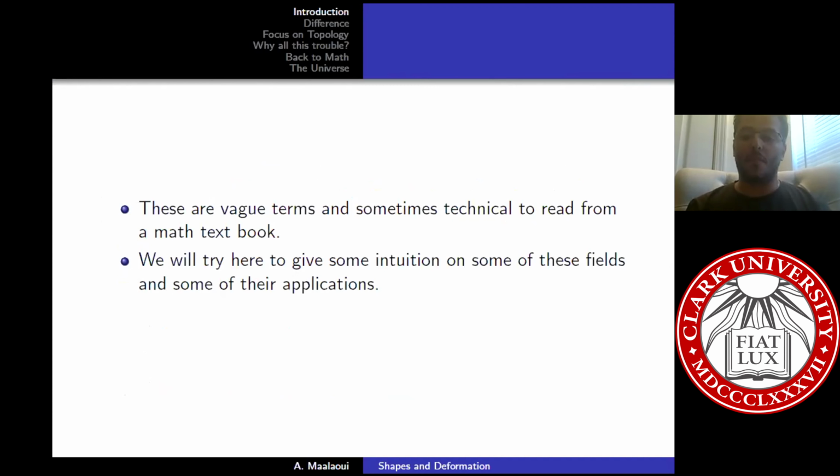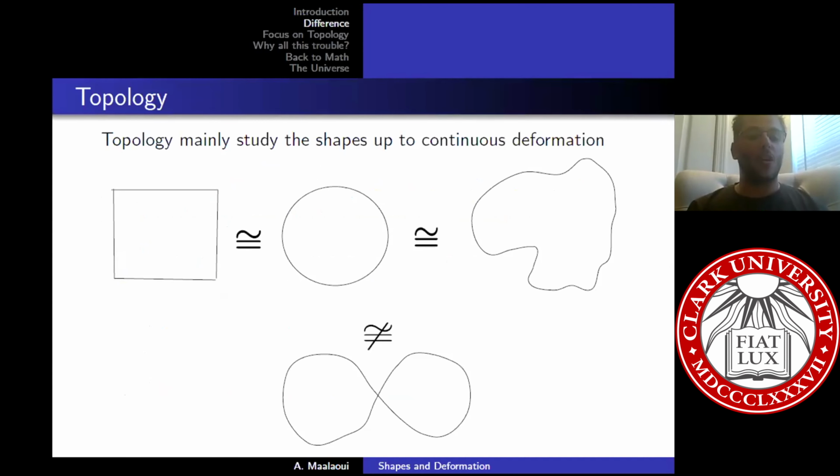Okay, why do we care about them? So let's start with topology. Topology mainly studies the structure or the shape of objects under continuous deformation. For example, for topology, the square, the circle, and this weird shape all the way on the right are the same. Why?